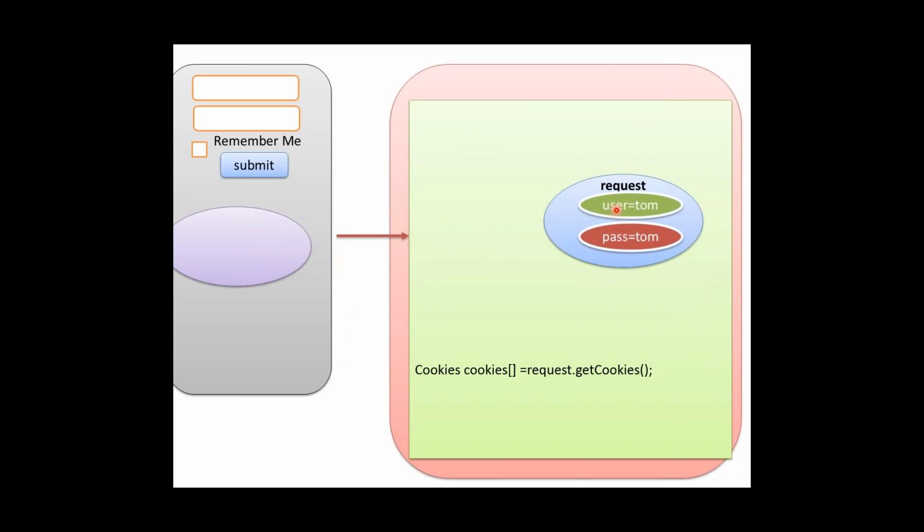The method you need to invoke is request.getCookies on the request object to retrieve all the cookies. Because you will be retrieving more than one cookie, that is why you are taking an array of cookies.